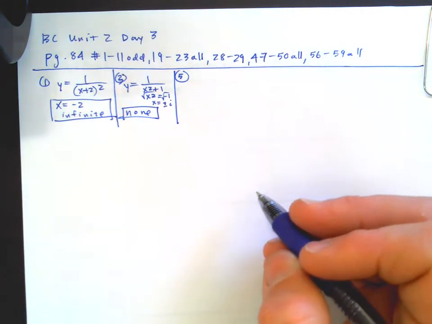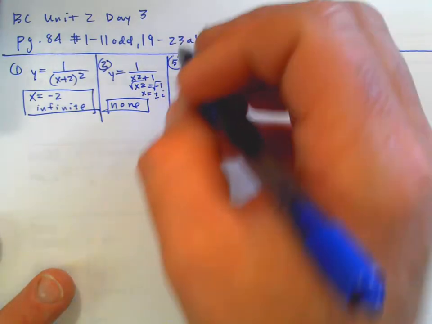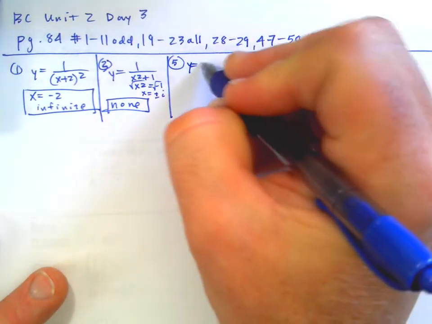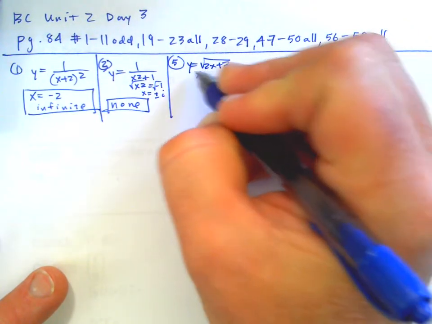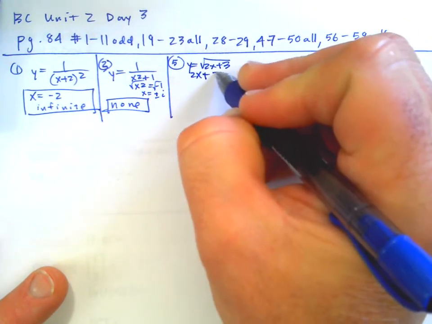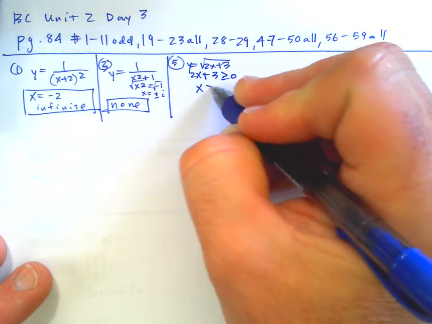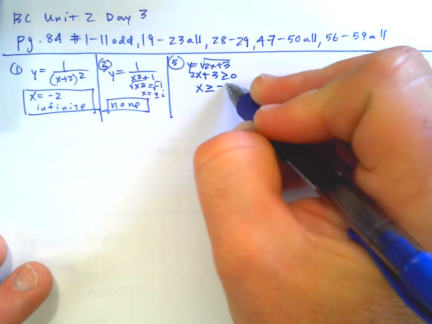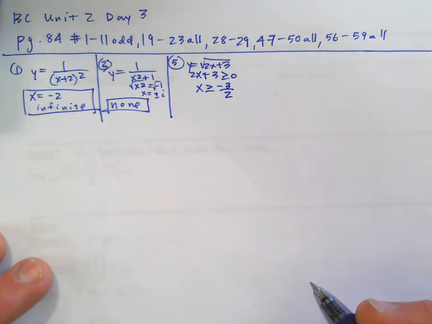5, y equals the square root of 2x plus 3. So the inside has to be greater than or equal to 0, which means that the graph is defined for that.